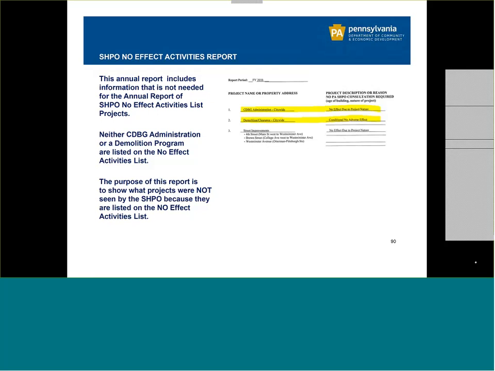The street improvement project is actually included on the no effect list. If you are simply repaving streets, you are making changes that in no way visually affect the streetscape in a way that could have any real impact on historic resources, so it's not really necessary that I see all of those because it is included on that no effect list.